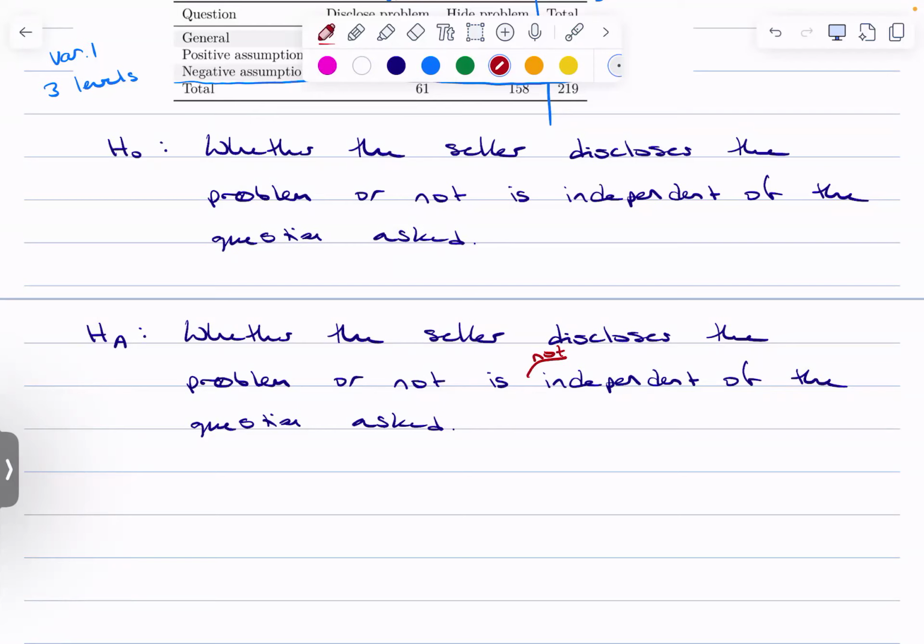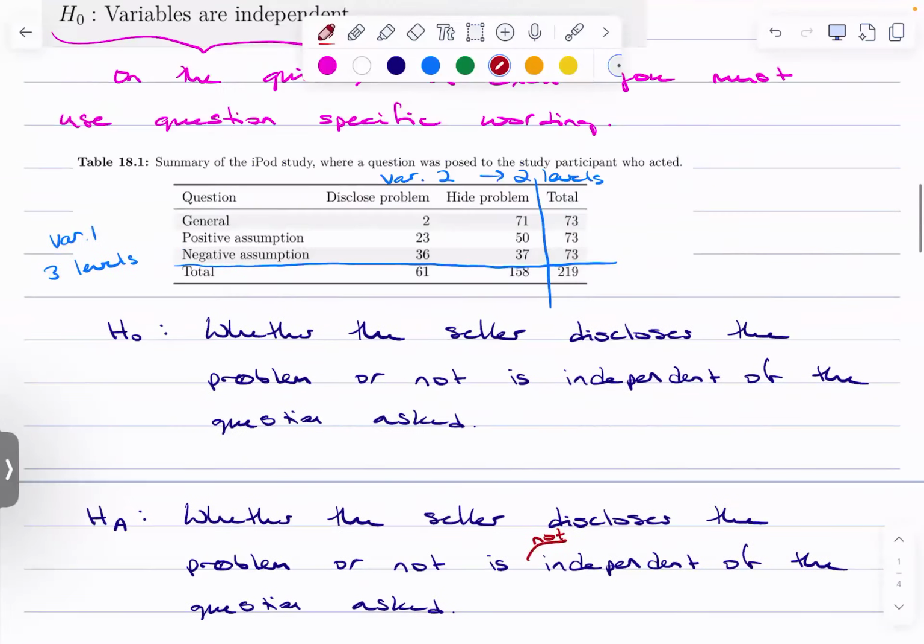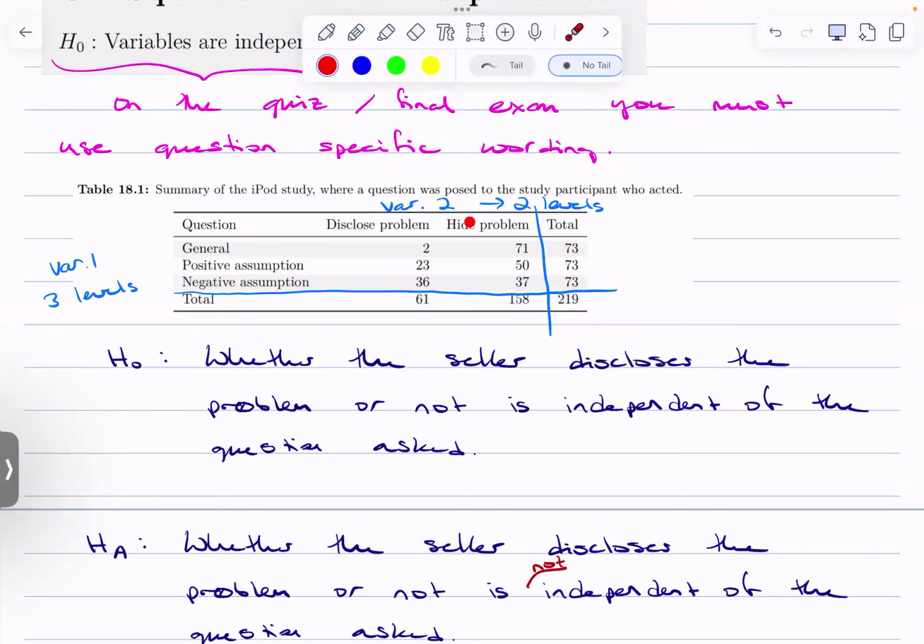So you have to use question-specific variables. But as long as you're talking about, okay, these two things are independent of each other, that's fine. Sometimes the wording gets a little bit weird, but you could say something as simple as the question asked is independent of disclosure, just because it's our first foray into this new question type.